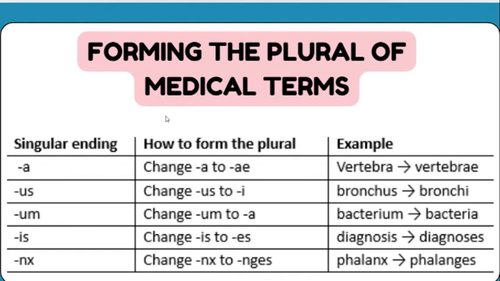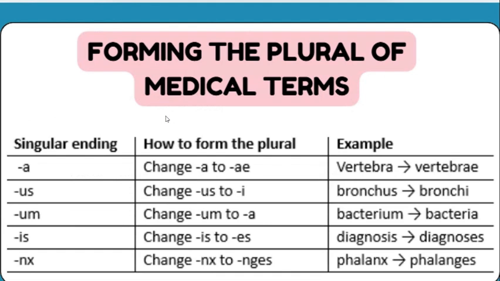Looking at a typical example, we have some words ending with a, which change to ae. Take for instance the word vertebra. Changing it to plural gives vertebrae, with ae.